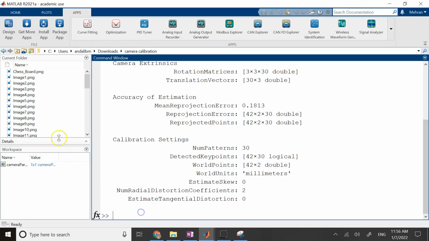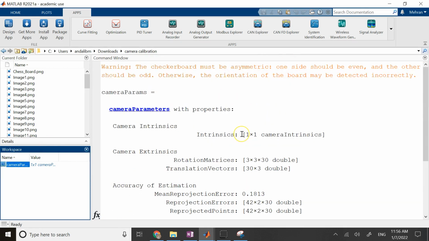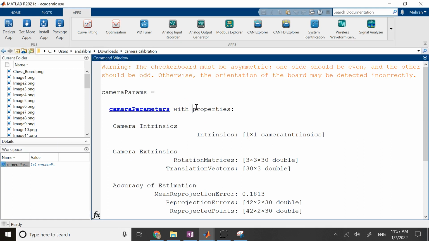So now you go to your workspace, you see a structure called camera params is exported to the workspace. It is a structure, or really an object, and it has several fields or properties. One of them is intrinsics. Then you have extrinsics, right?